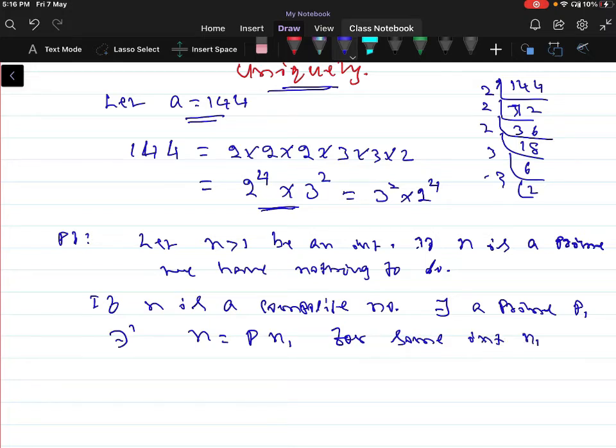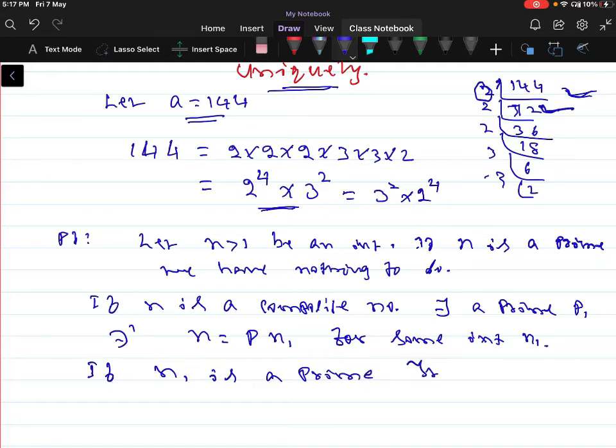So you can observe here, take n equal to 44. 44 can be written as 2 into 22, where 2 is a prime number and 22 is n1, an integer here. Now suppose n1 is a prime.